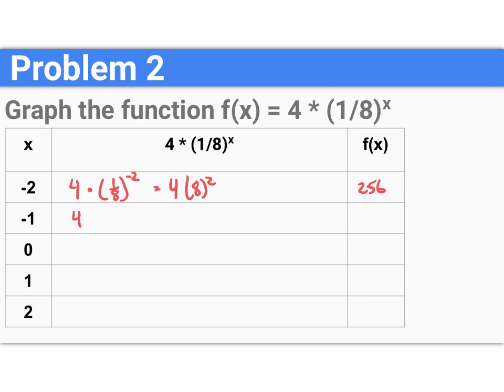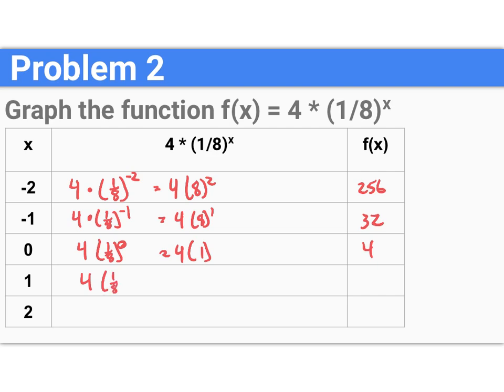So this is 4 times 1/8 to the negative 1, which equals 4 times 8 to the first power, which is 32. 4 times 1/8 to the 0 power equals 4 times 1, because anything to the 0 power is 1, which equals 4.